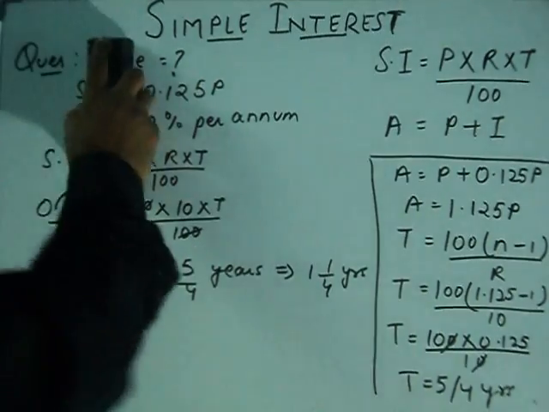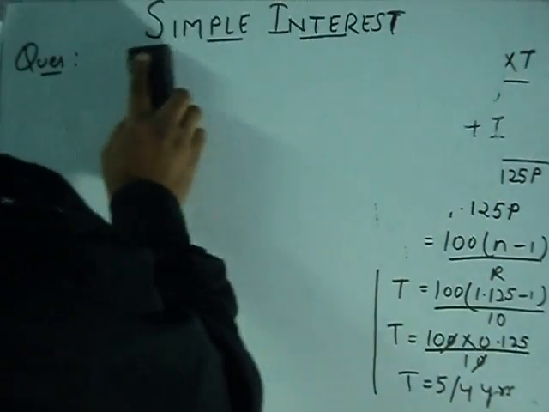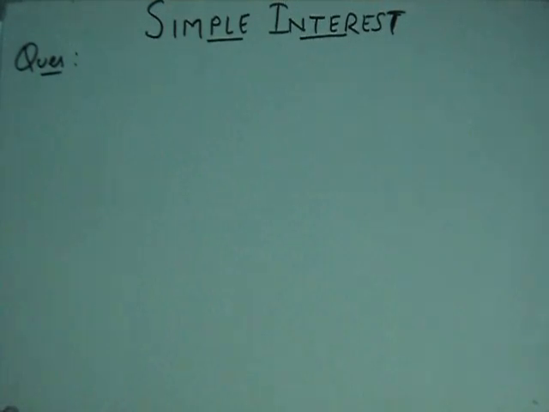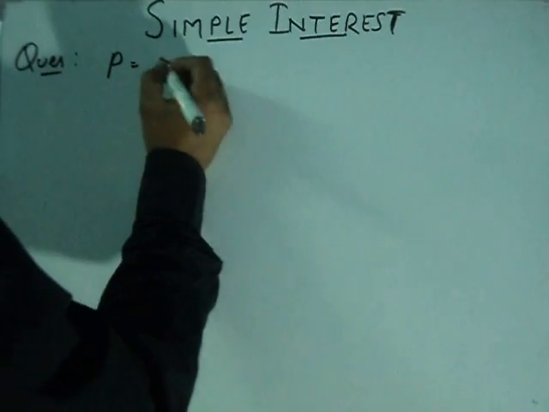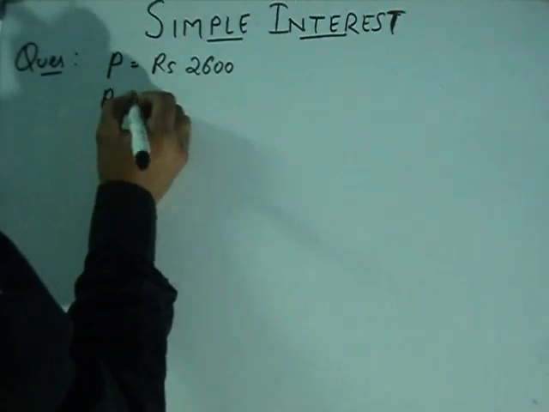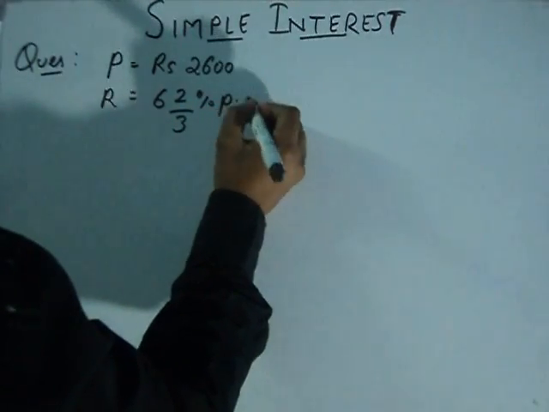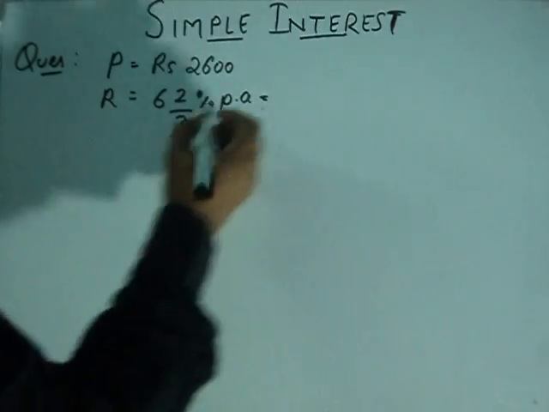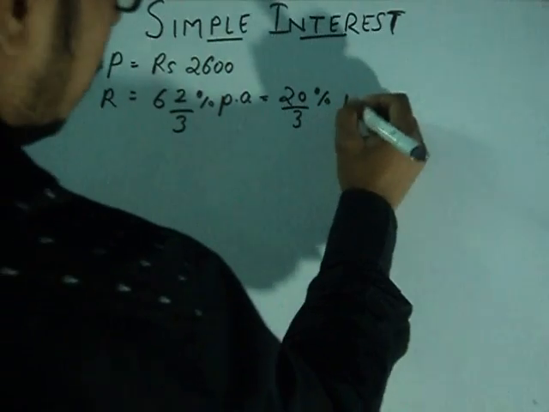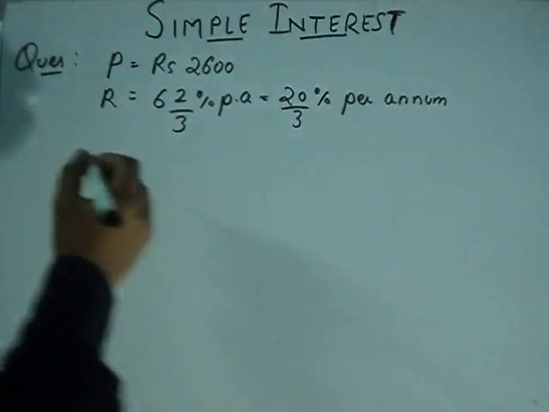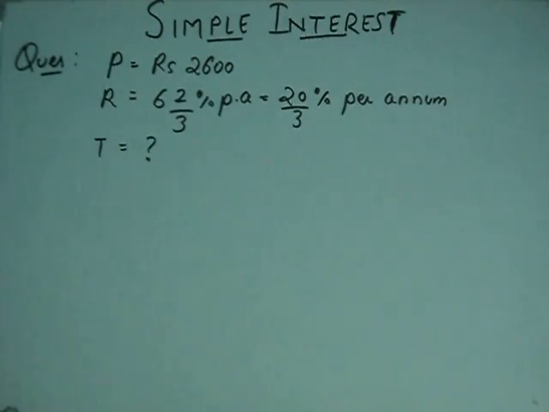So our next question is: we have to find the least number of years in which the simple interest, where the principal value is 2600 and our rate of interest is 6 2/3, which we convert to a proper fraction, 20 by 3% per annum, would be an exact number of rupees.